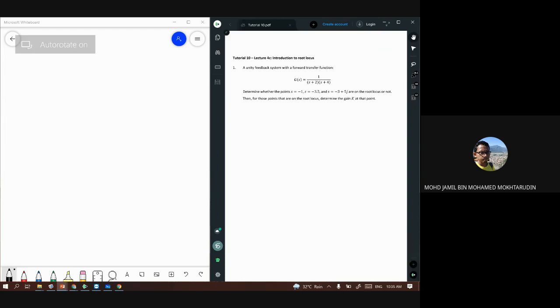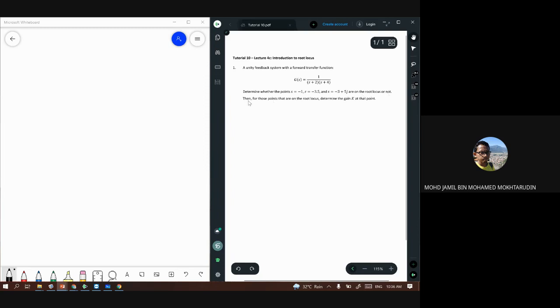Okay, so tutorial number 10: a unity feedback system with a forward transfer function is given below. So G equals 1 divided by (S plus 2) times (S plus 4). And then determine whether the points S equals minus 1, S equals minus 3.5, and S equals minus 3 plus 5j are on the root locus or not.